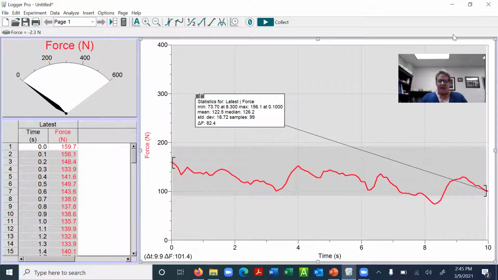Now I'm going to repeat the experiment with my dominant hand. I'm just going to hit collect, and it should erase and continue over. Yep, then hit collect. There we go.